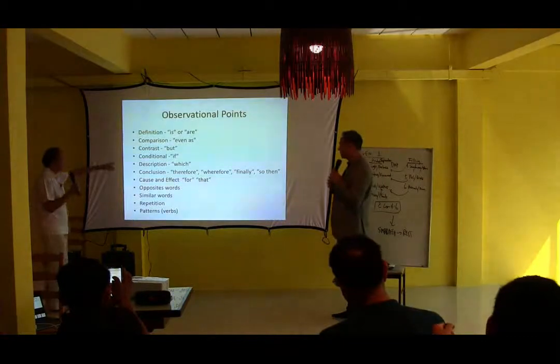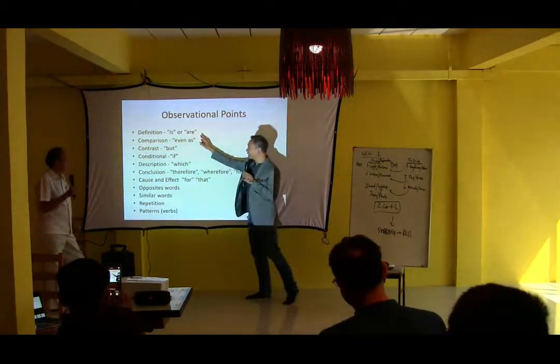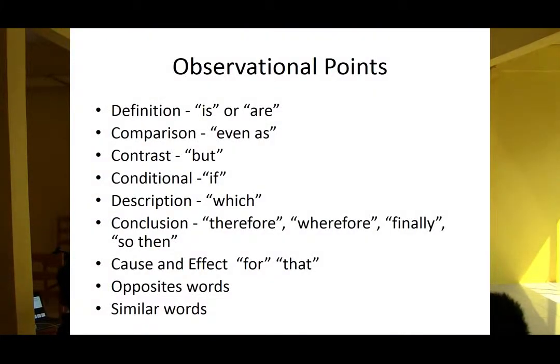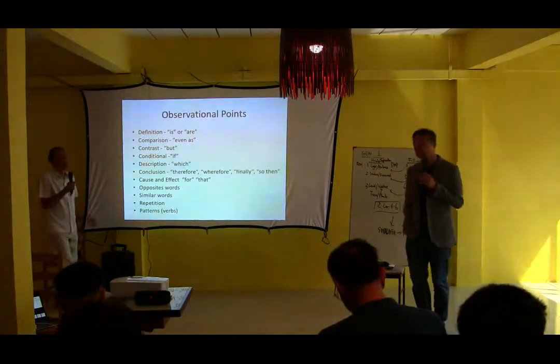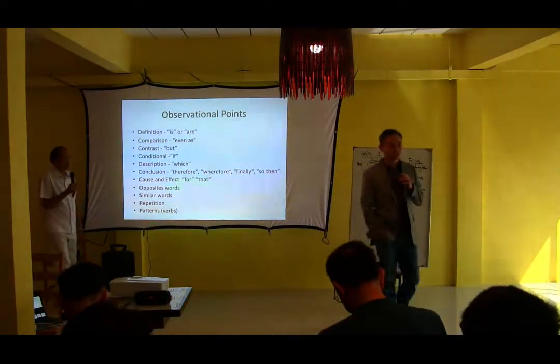Now I'm not sure how this will work for Thai, but at least I'm showing it to you for English. So in English, whenever you see the word is or are, that means God is making a definition. God is love. God is the definition of love.